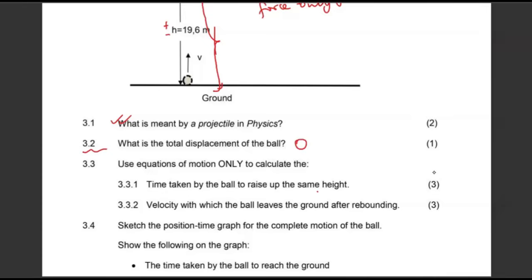Now, since we know that our displacement is 0, we could use any equation that has displacement. The question is asking for the time. So we have something like displacement is equal to V initial multiplied by time plus a half a t squared. Do you have the initial velocity?